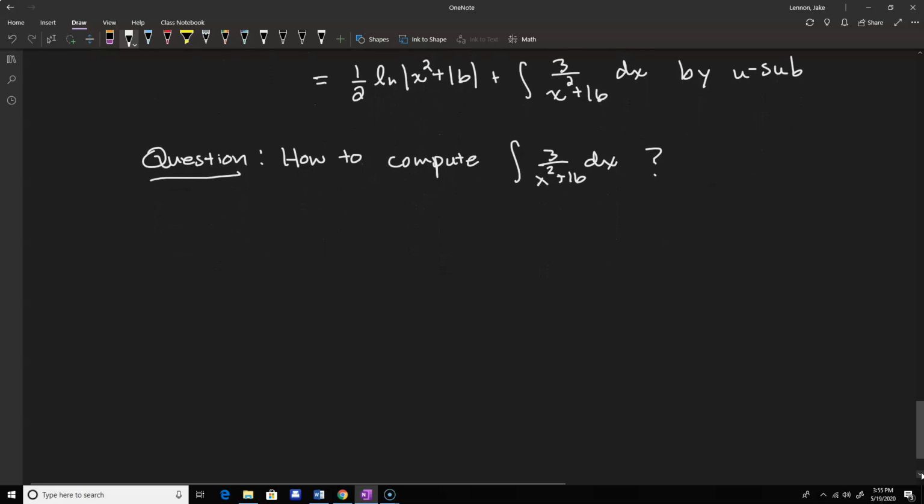You might remember a derivative that looks something like the argument in here. So what would that derivative formula be? Let's recall the derivative of the arctangent, or the inverse tangent.